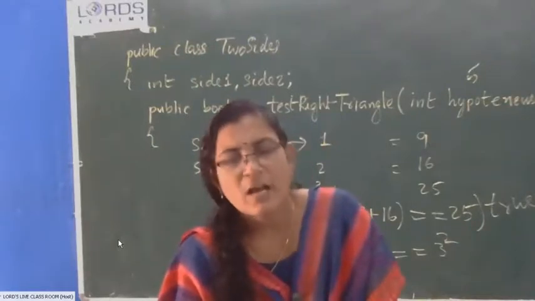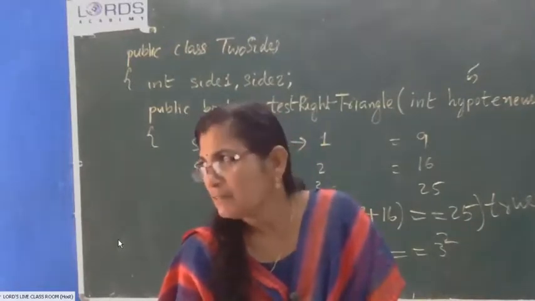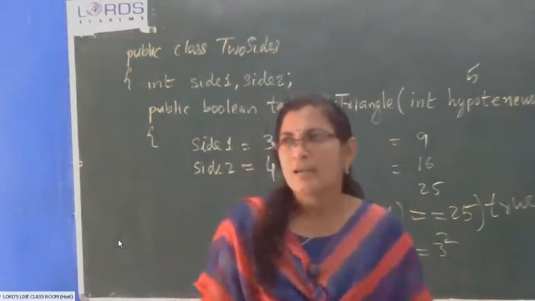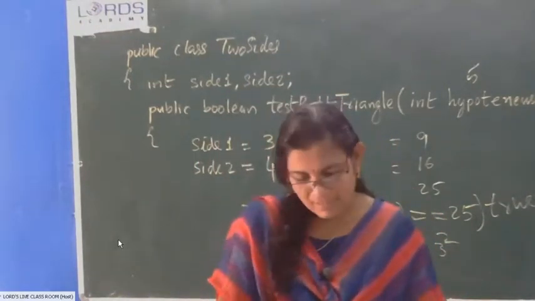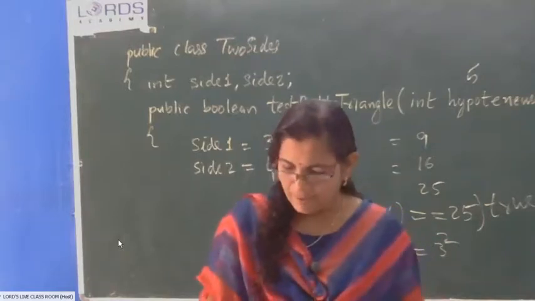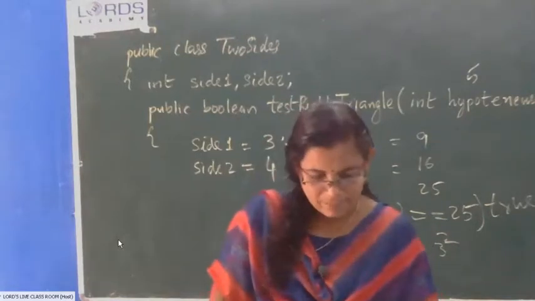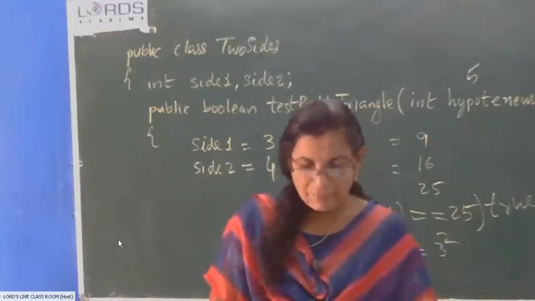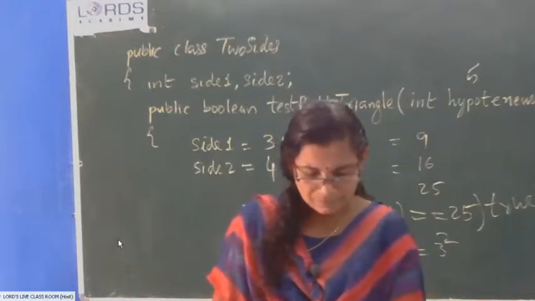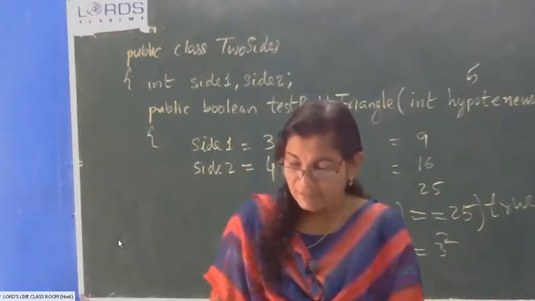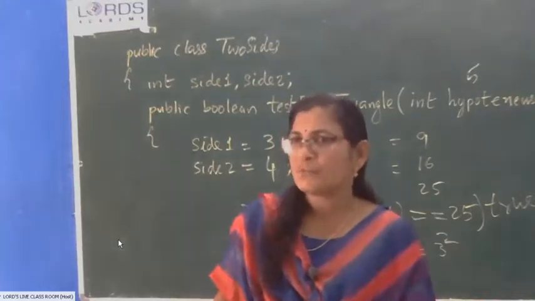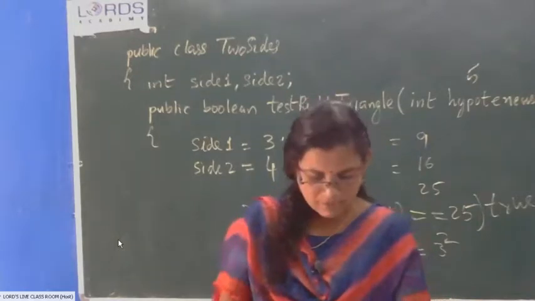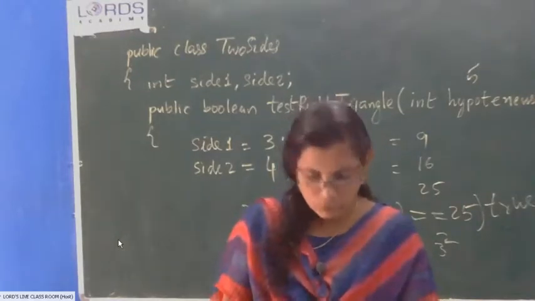Okay. So I hope everybody understood the concept of instance variable, local variable and parameter variables. So today you have to do three programs. One is max, to find out the maximum, class maximum, which I have written on the board. I think all of you might have copied.